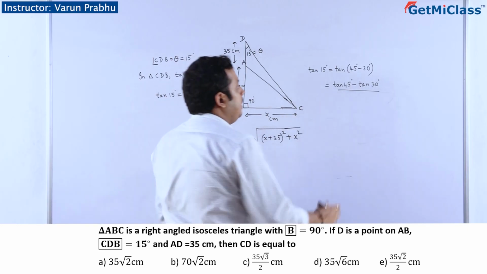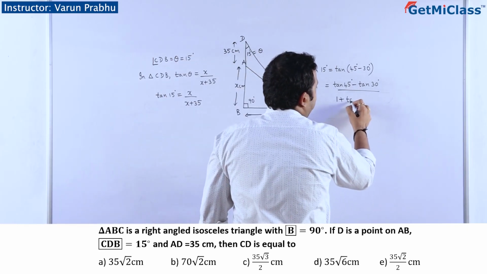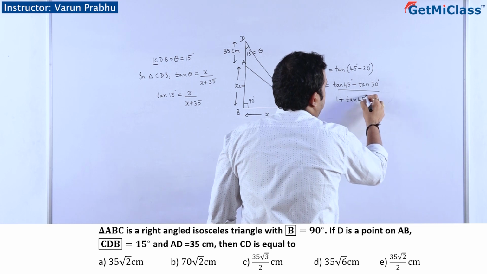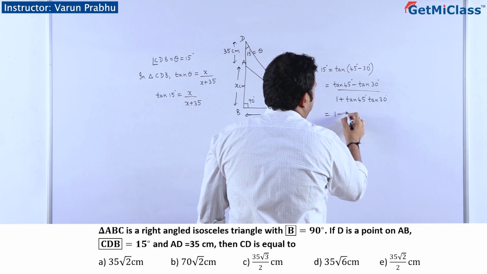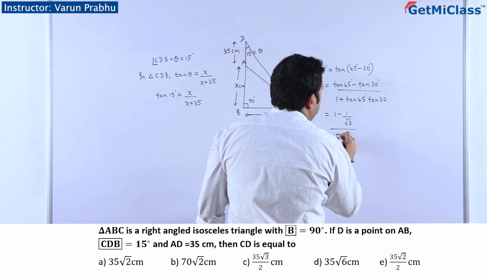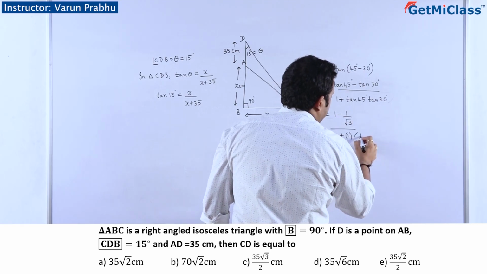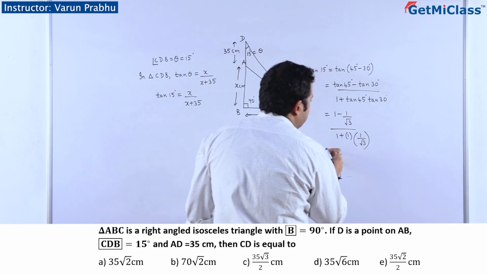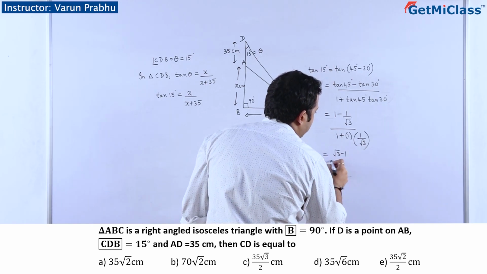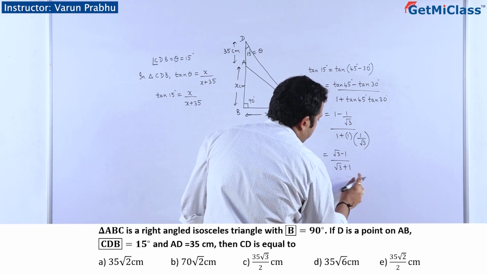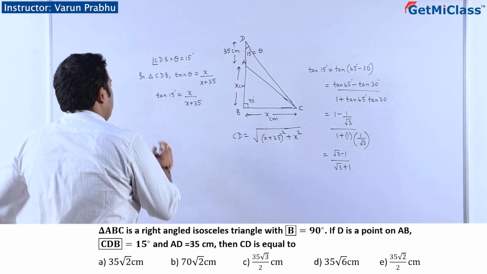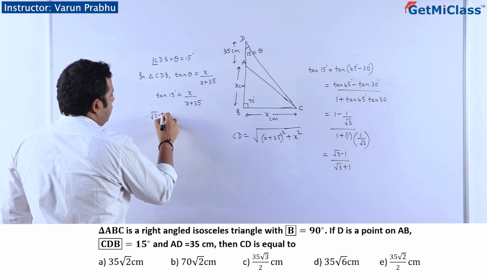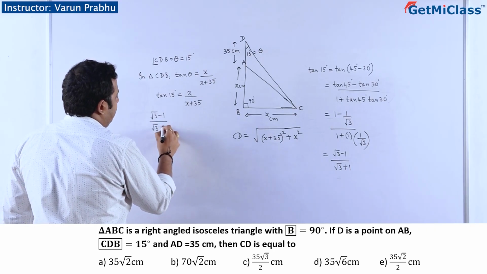Tan A minus tan B divided by 1 plus tan A into tan B. So your answer will be 1 minus 1 divided by root 3, divided by 1 plus 1 into 1 by root 3. So your answer will be root 3 minus 1 divided by root 3 plus 1.